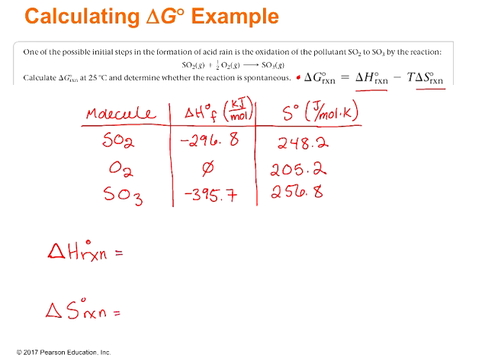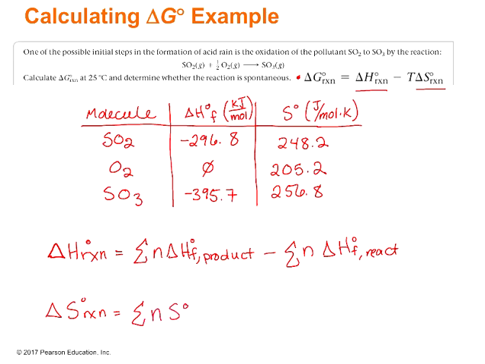So delta H of the reaction is equal to the sum of the moles of each product times delta H of formation of each product, minus the sum of the reactants. And then for delta S of the reaction, that's the sum of n times the standard molar entropy of the products minus the sum of n times the standard molar entropy of the reactants.